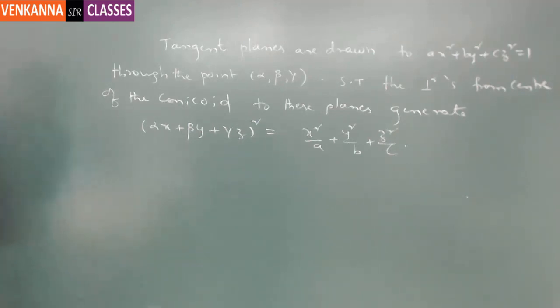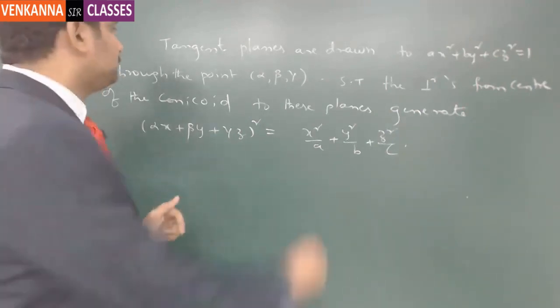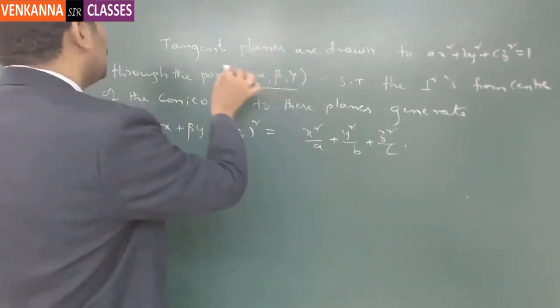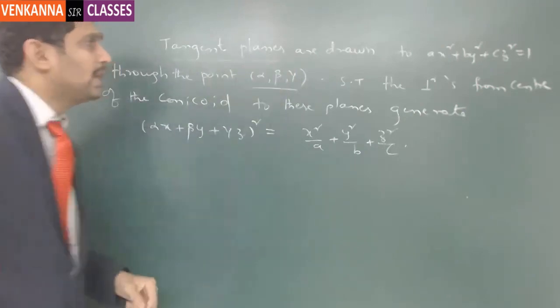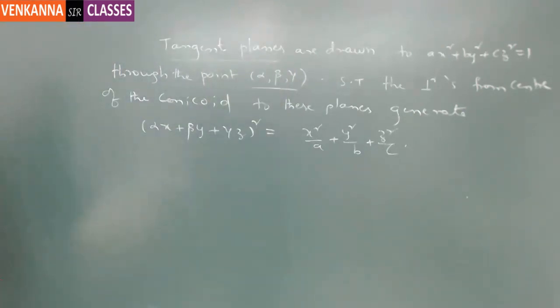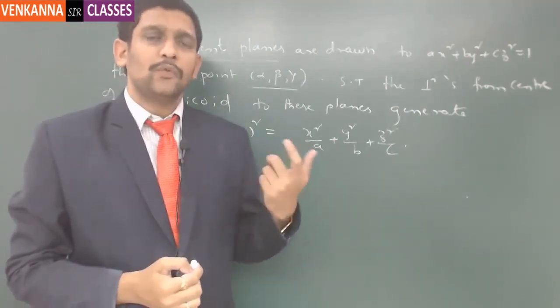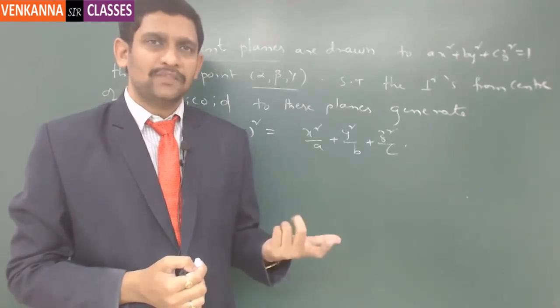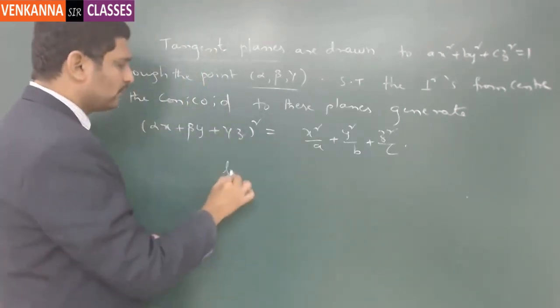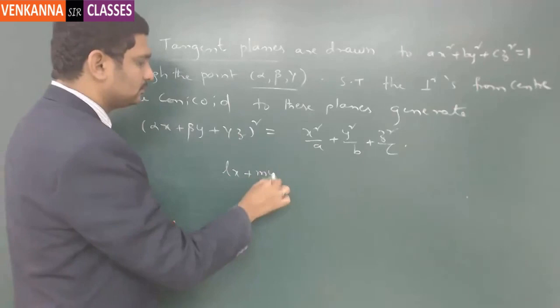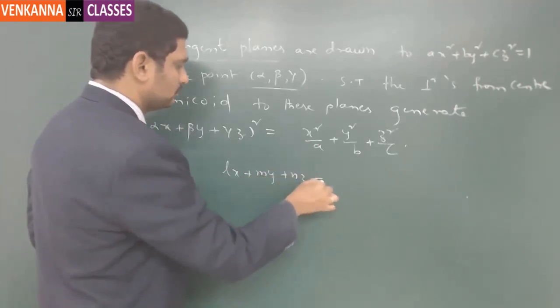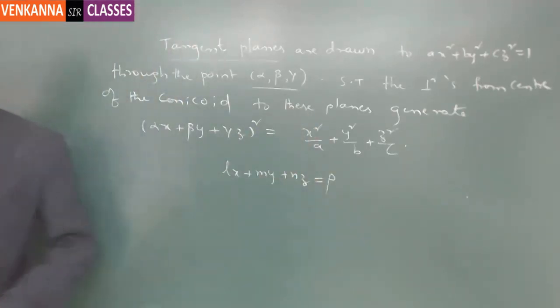Right. So if you observe that through the point alpha, beta, gamma, we have considered the tangent planes, right? So whenever a point is given, if you want to write the tangent plane equation, we will write like this. Say the equation of the plane, right?